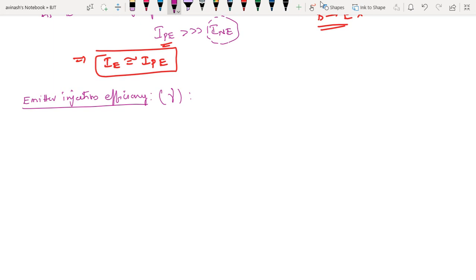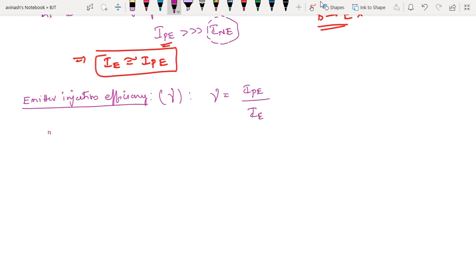What do you mean by emitter injection efficiency? It is the ratio of the current through the emitter junction due to the carriers of the emitter and the total current through the emitter junction. That is, gamma is the ratio of IPE to the total current.